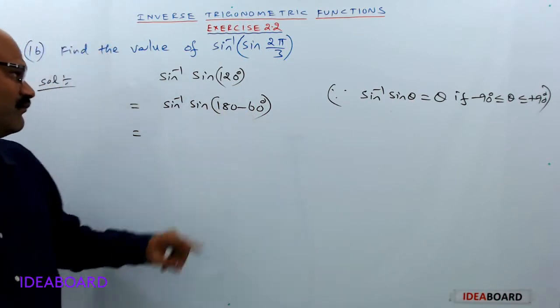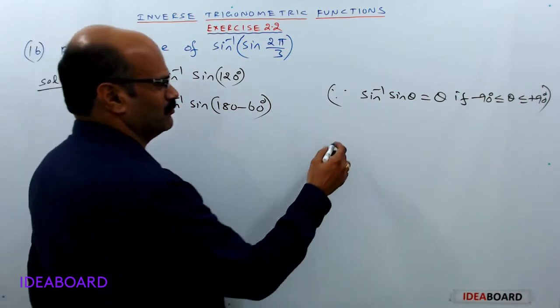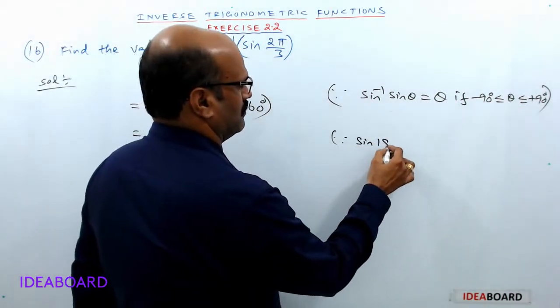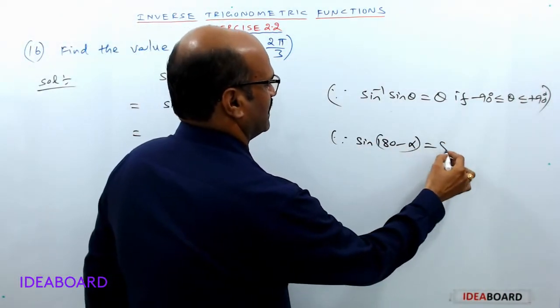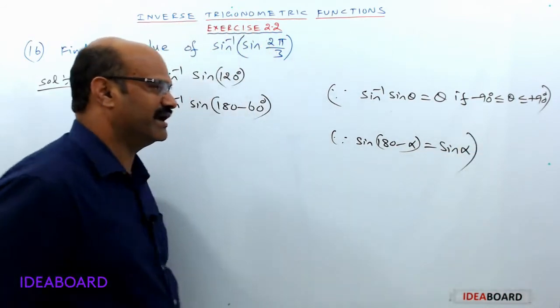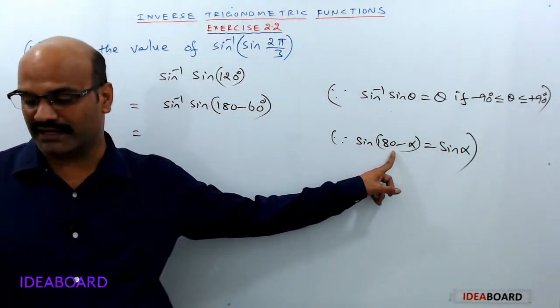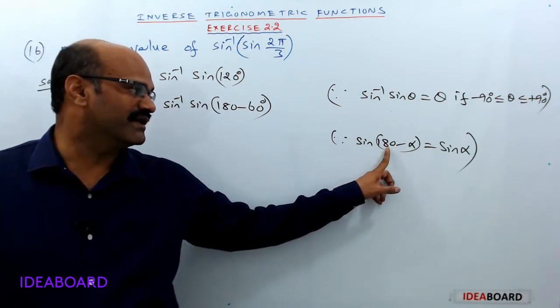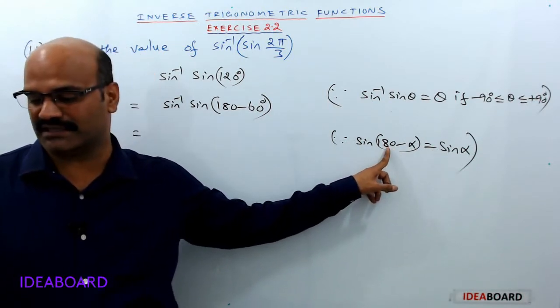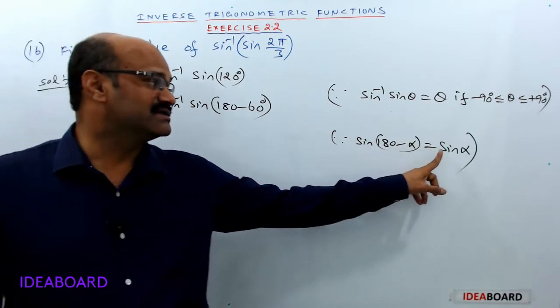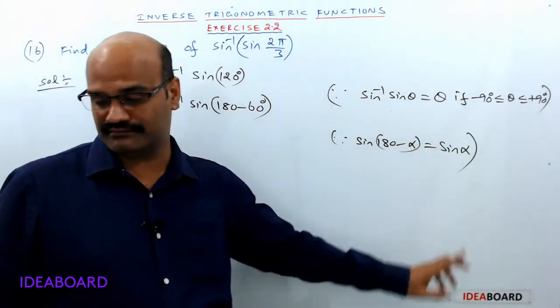So sine of 180 minus alpha equal to sine alpha. 180 minus alpha lies in second quadrant. In second quadrant, sine is positive. So whenever we have 180 minus alpha, 360 minus alpha, sine becomes sine only.